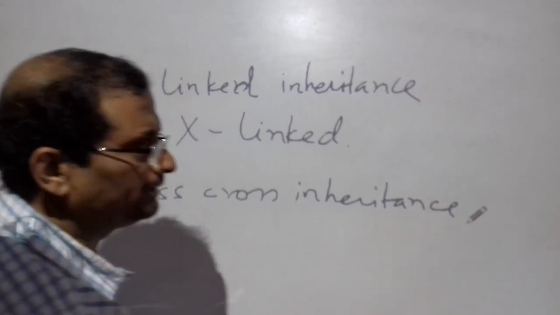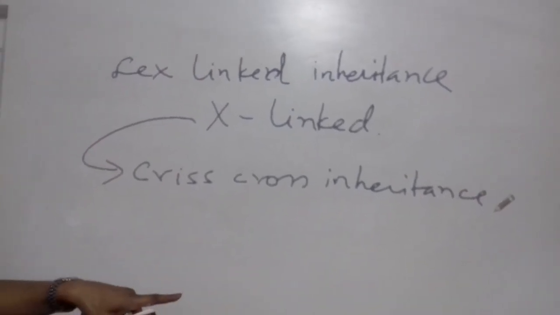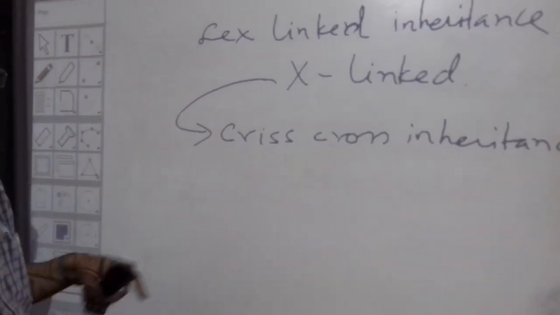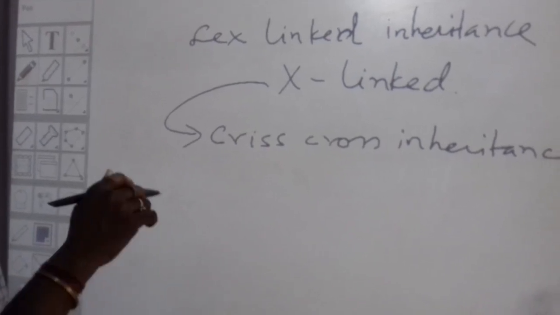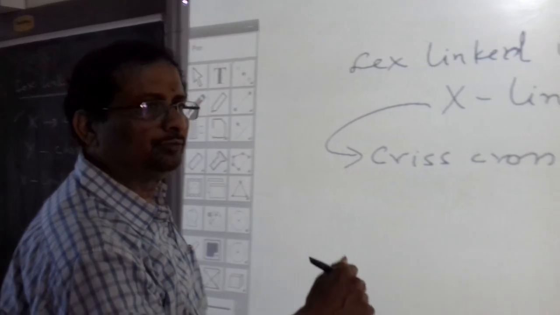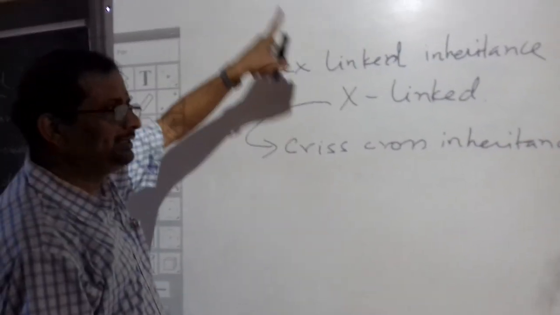Now what is the meaning of this? That if the father is affected, the daughters will be affected, and if the daughter is affected, from that daughter the son will be affected, because the father always gives the X chromosome to the daughter, and the daughter gives X chromosome to the son, and it can also give to the daughter. So it is always carried.